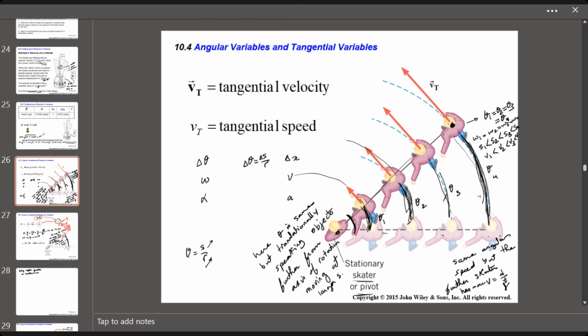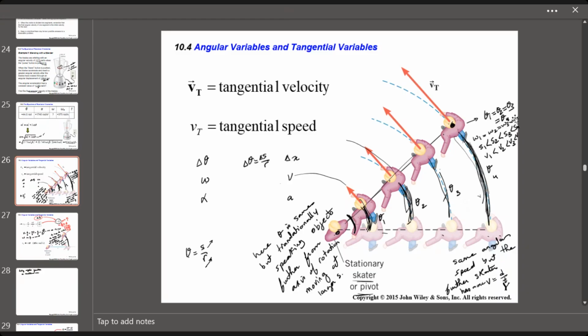But we noticed last time, if you look at the translational aspect of this motion, if I look at the actual distance they cover, the skater that is furthest from the stationary skater is going to move along a larger arc. So S for this skater is larger than S for the other skaters, as you can see here.